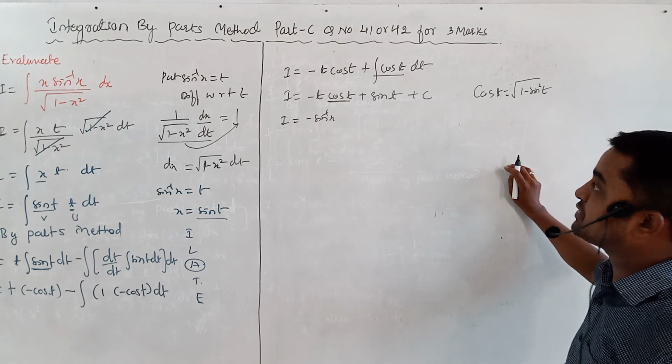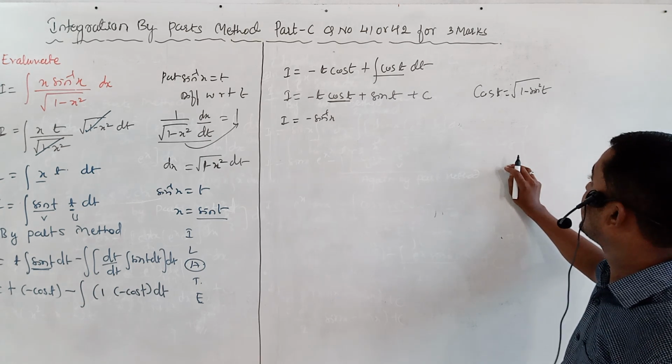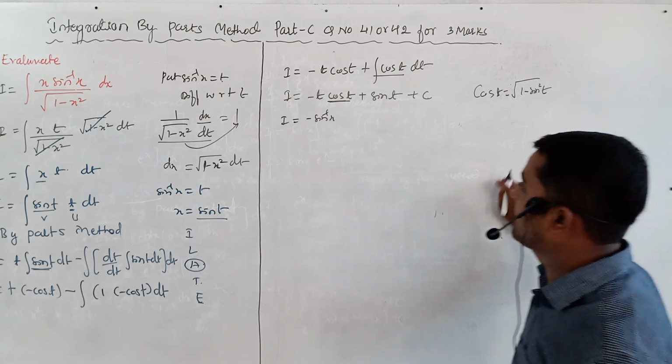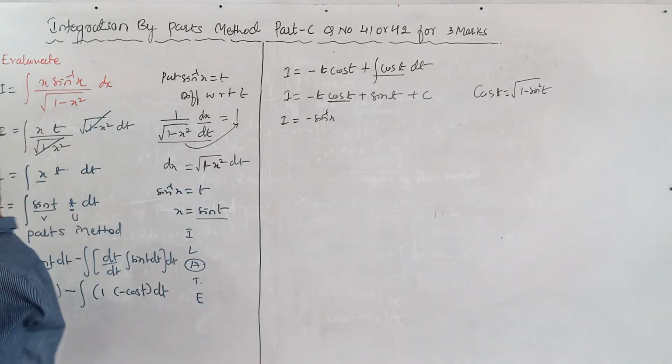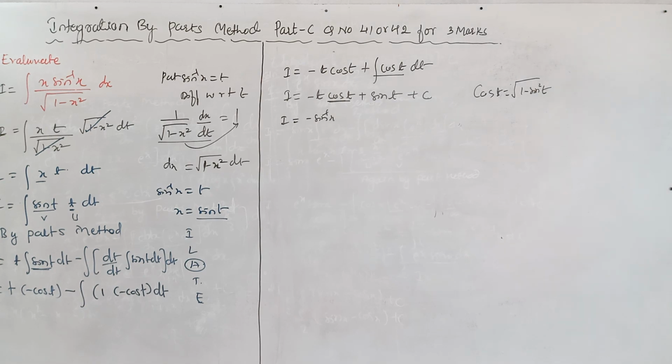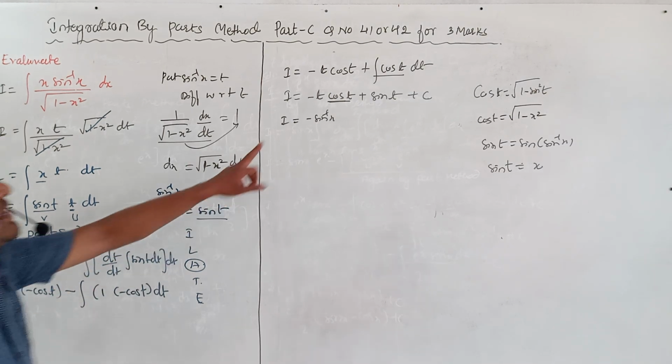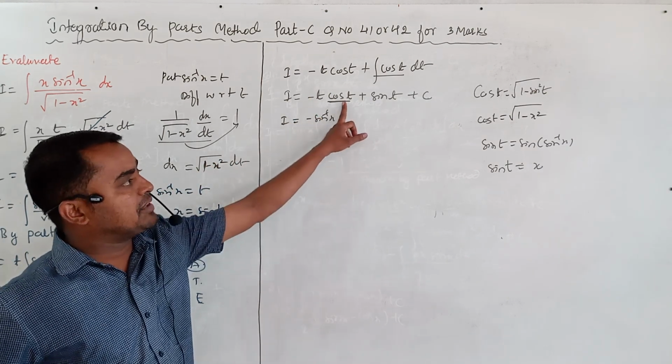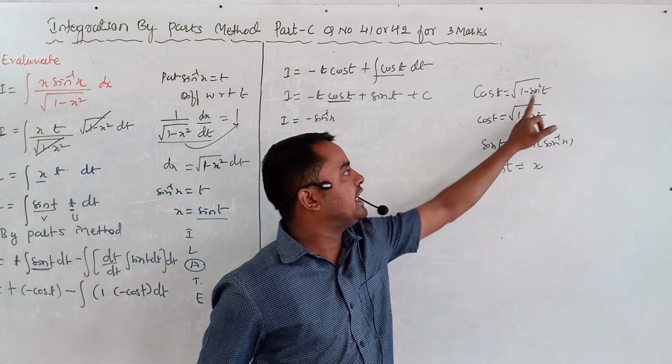This t means sin inverse x, cos t means root of 1 minus sin square t.